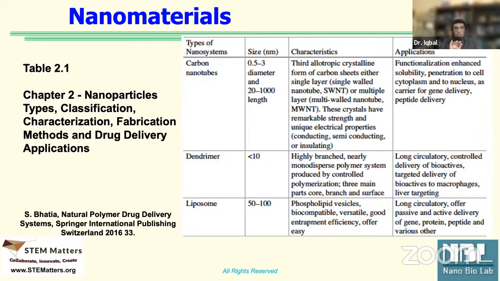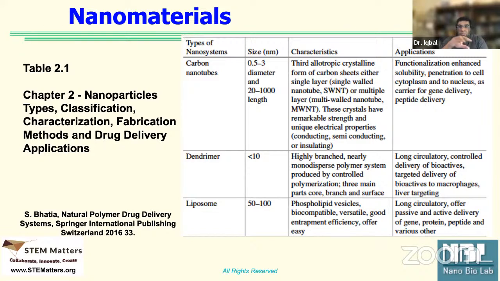So we call them dendrimers. They have been used in living systems, to target specific organs. When I say living systems, many of these things have been tested in animals. Many of these things have become part of drugs that we use or therapies. So they're at different stages.